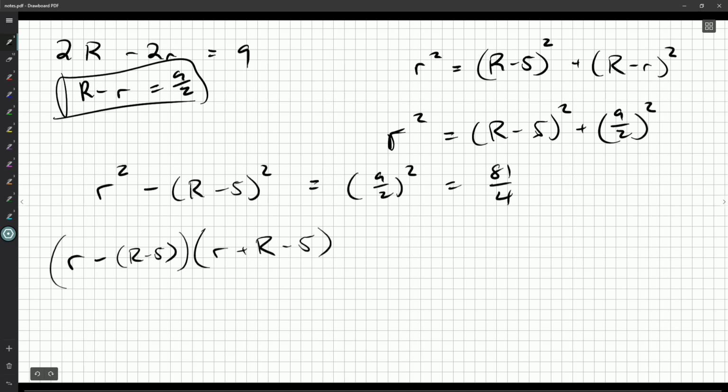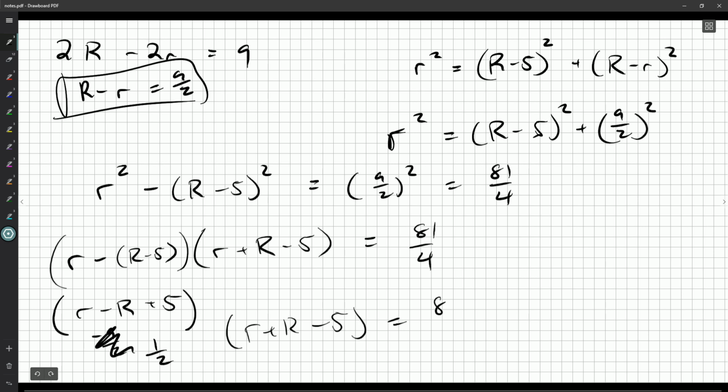And there I'm getting r plus r, which is great. Now over here, this simplifies to r minus capital R plus 5, but that's negative 9 halves. So this whole thing here should just be 1 half. So 1 half times (r plus capital R minus 5) is 81 over 4.